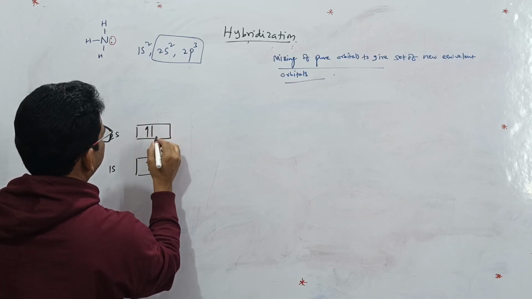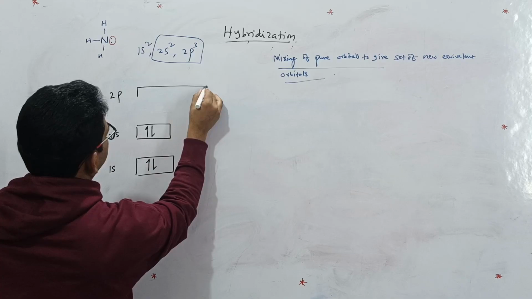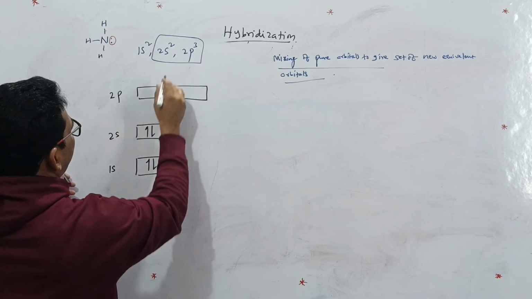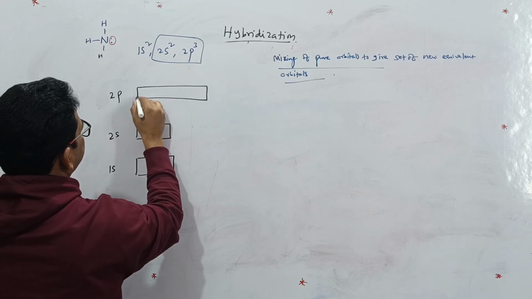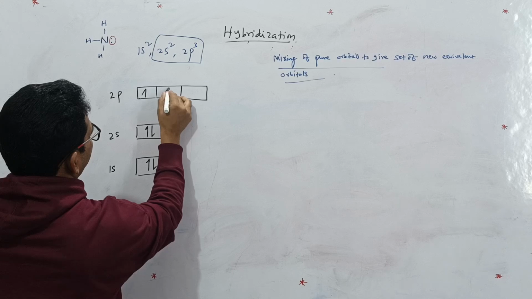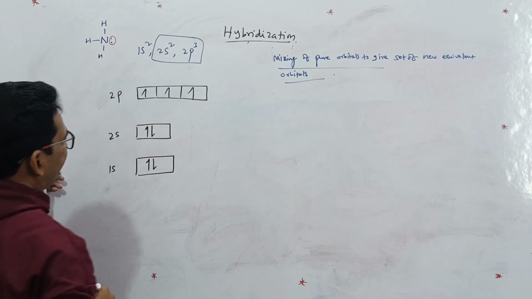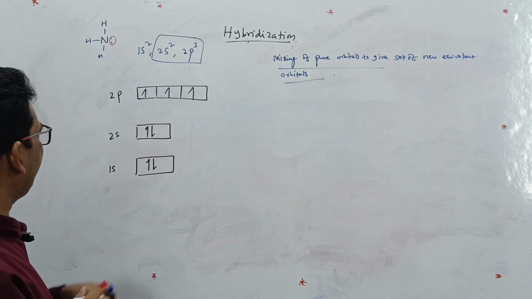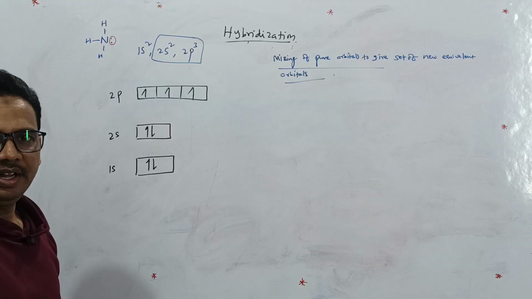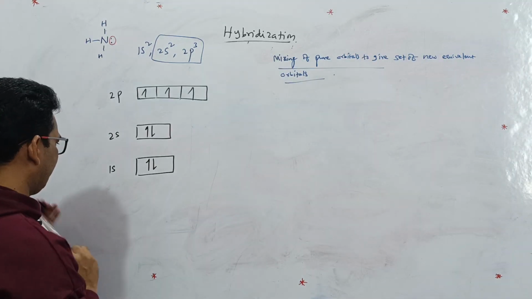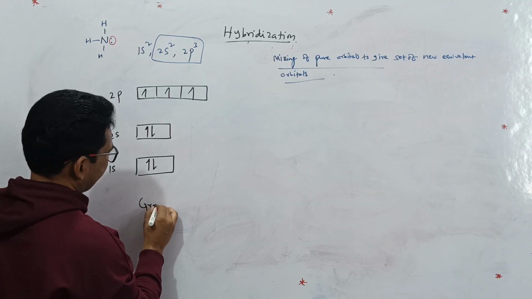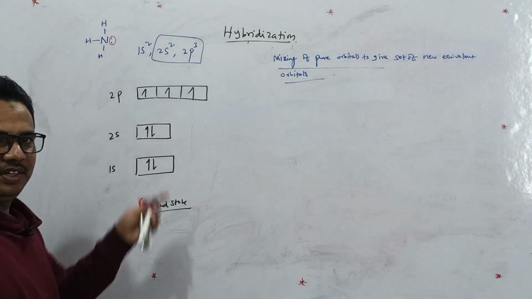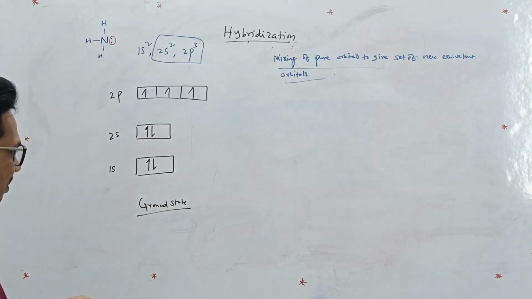But in this case, you can observe 2p3: the 3 orbitals each have 1 electron. All of them are filled. This is the ground state. What about the excited state? When is it possible?